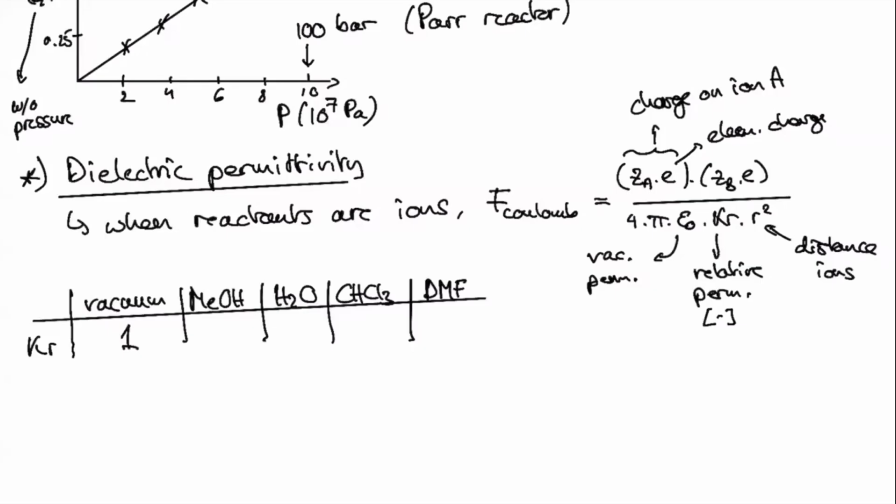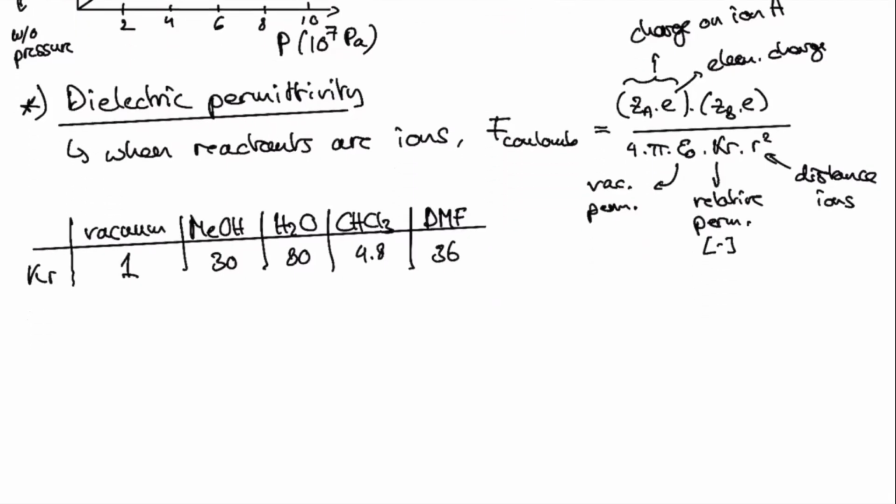Methanol is 30, water 80, chloroform 4.8, and DMF 36. So you can see that there are really huge differences between the relative permittivities of different solvents. If you have ionic species in your reaction, it's very important.